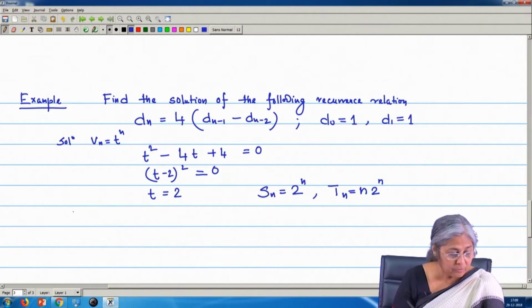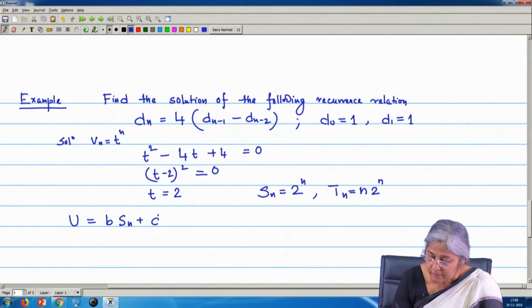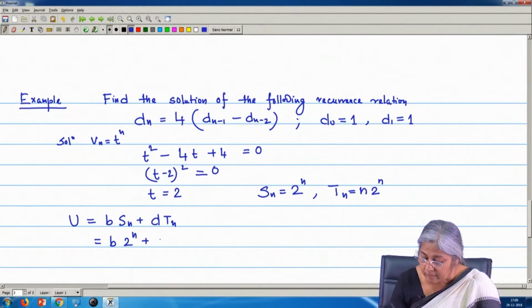So, my solution becomes u n equal to b S n plus d T n equal to b 2 to the power n plus d n 2 to the power n.